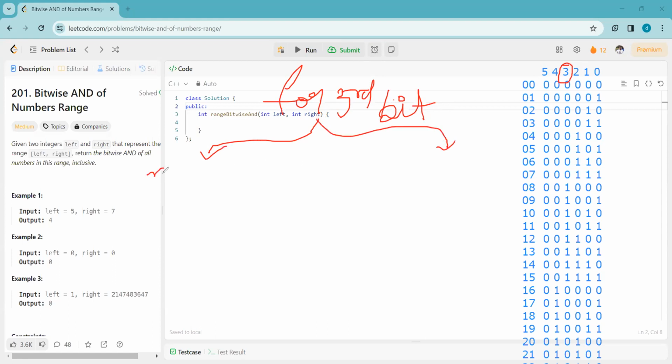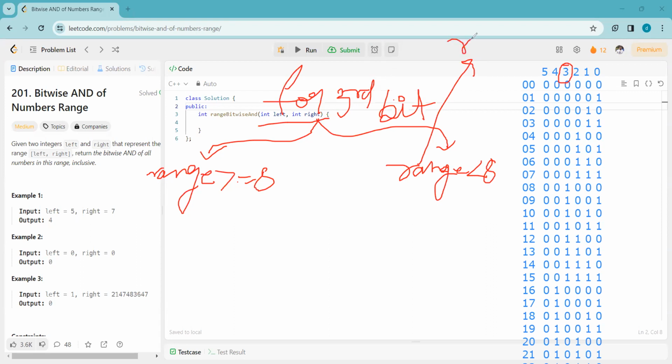Either the range is greater than or equal to 8, or the range is less than 8, and here range means right minus left plus 1. For the third bit, that's why we are considering 8.